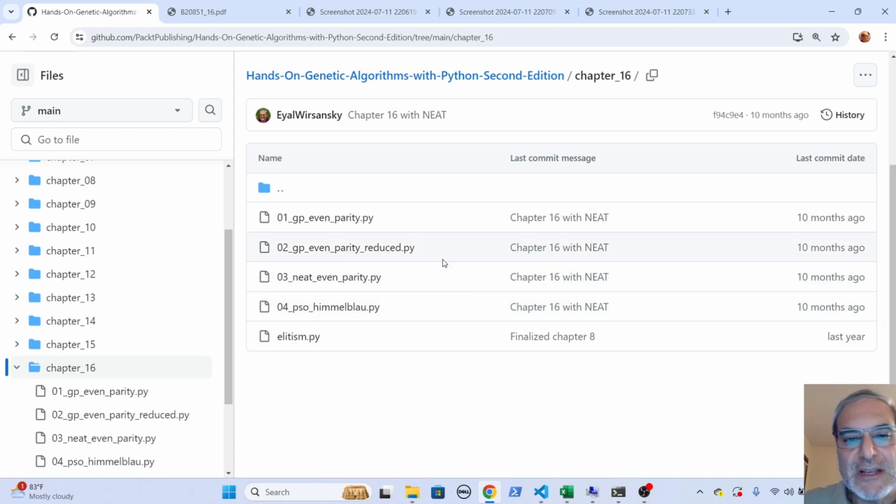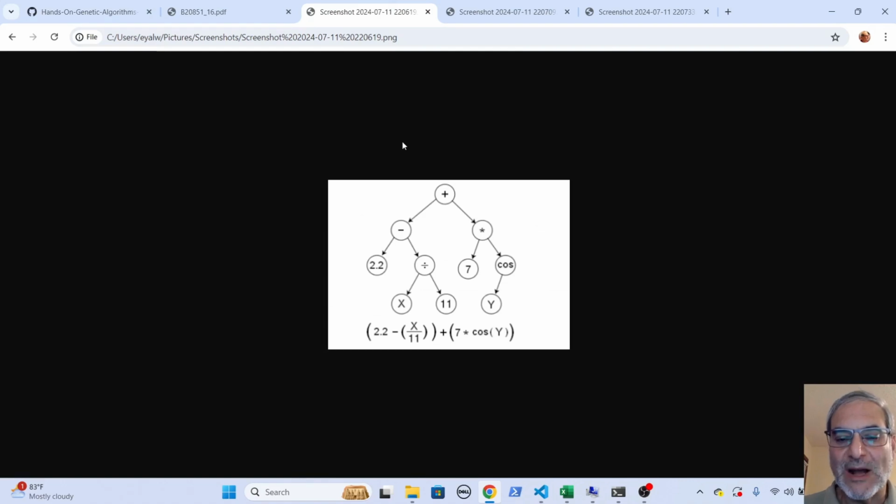Genetic programming is actually a specialized type of genetic algorithm that tries to write programs or functions that combine together different operations to give us what we want. These programs or functions are described as a tree.